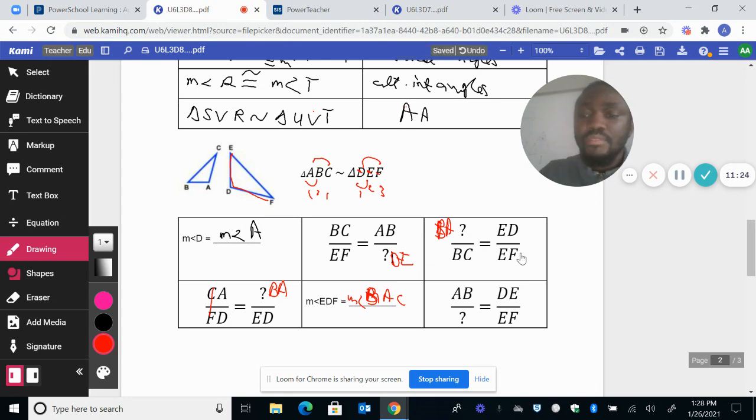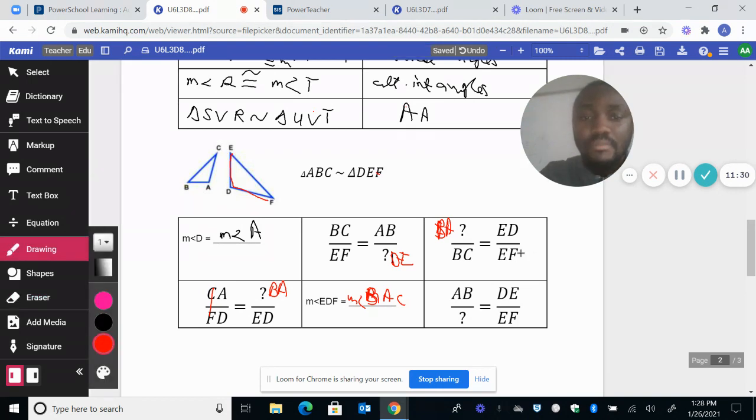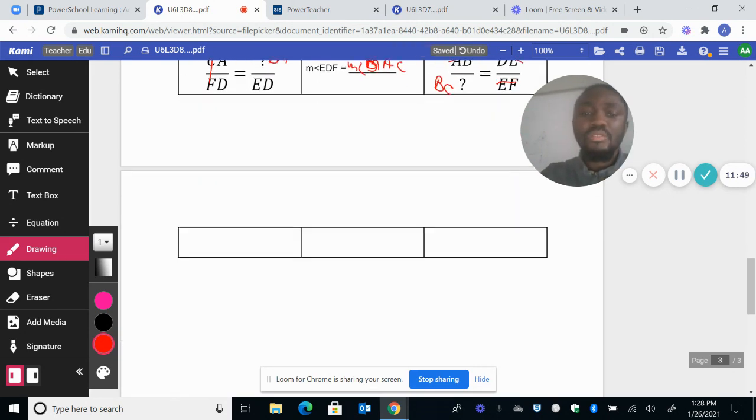Lastly, before I complete, DE, first and second, corresponds to AB, first and second up here, and EF, second and last, is going to be BC, and that concludes this chapter.